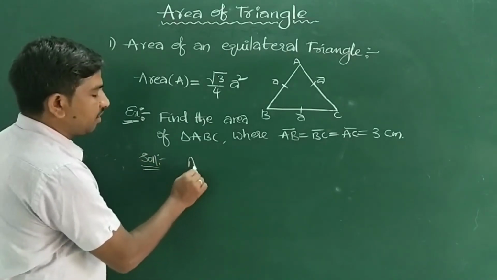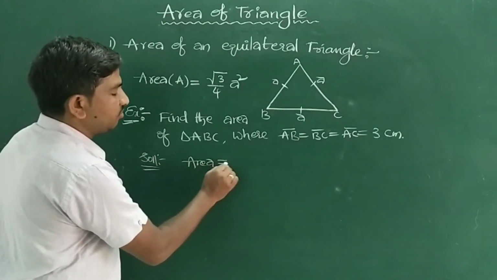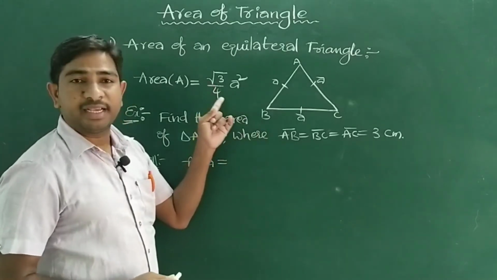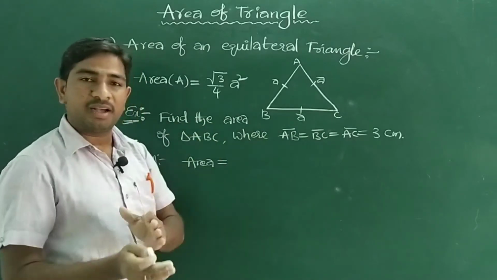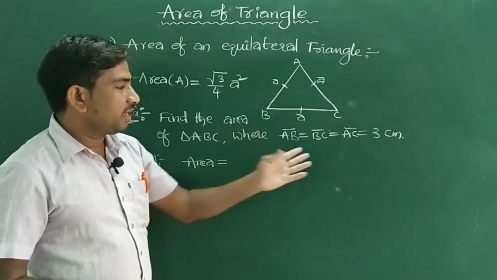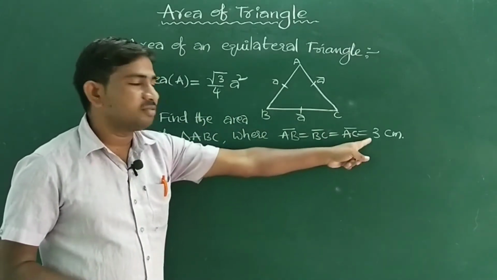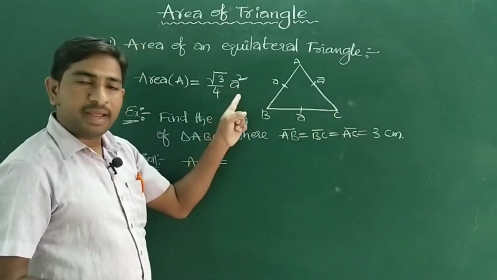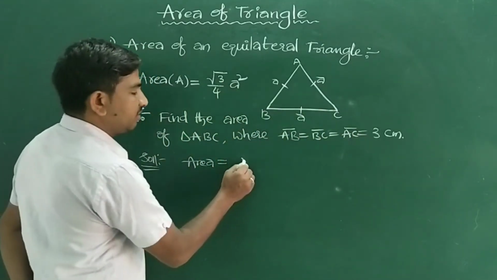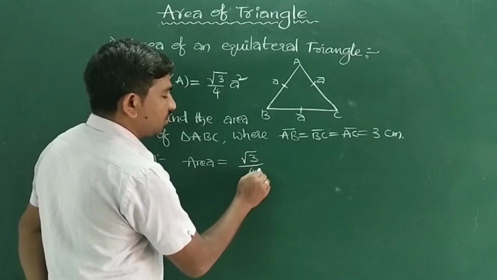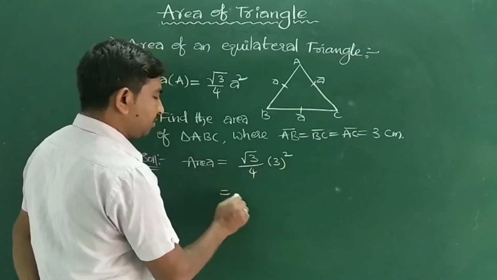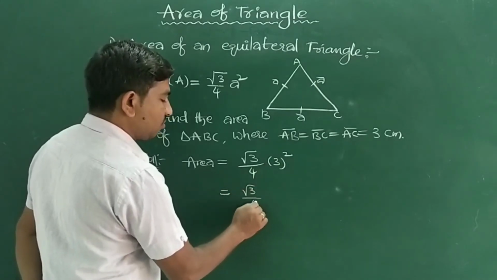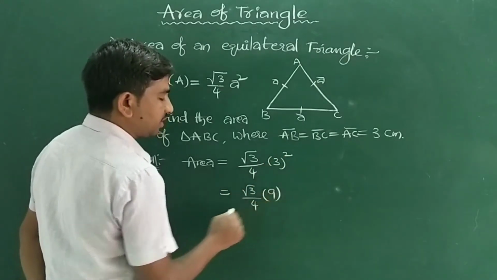By using that formula, area equals root 3 by 4 a square. Why? Because all side lengths are equal, so the given triangle is an equilateral triangle. The length of each side is 3 centimeters, so we apply a equals 3 in root 3 by 4 a square. a square is nothing but 3 square, which is 9.